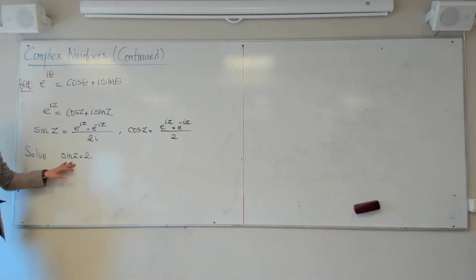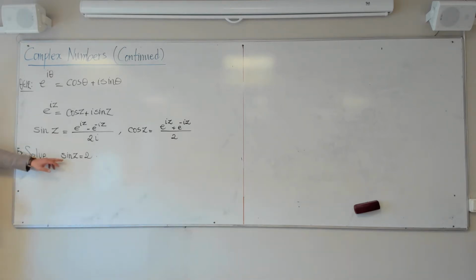But this is actually possible here. You will see why. So what do you think? What is your suggestion? I want to solve this equation. So let me write an example. So what do you think I should do? I want to find all complex numbers so that the sine of those complex numbers is equal to 2. So what should I do?